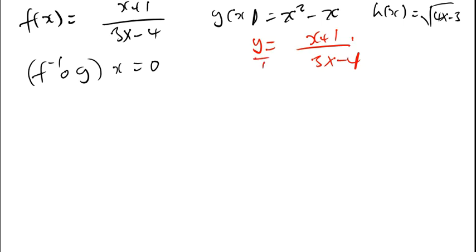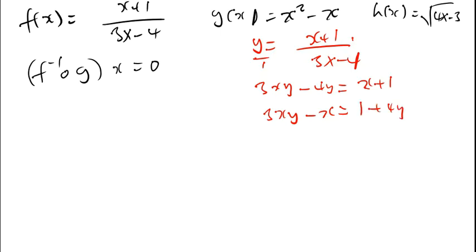Let us make x the subject of the formula. So it will be 3xy minus 4y is equal to x plus 1. I'm going to shift x to the other side, and 4y to the other side. 3xy minus x is equal to 1 plus 4y. I'll make x the subject of the formula. x times 3y minus 1 is equal to 1 plus 4y.